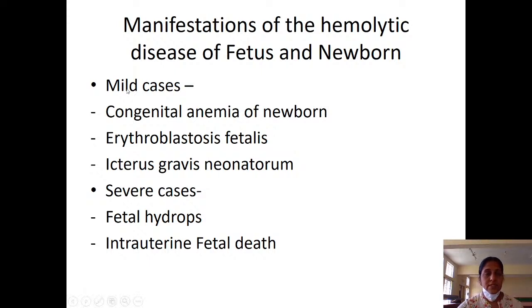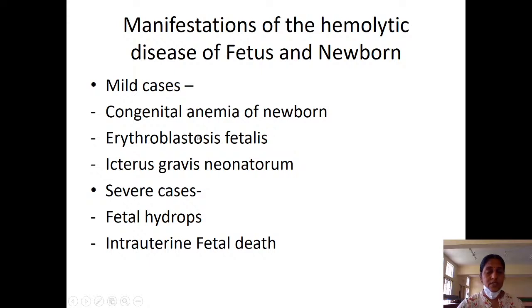In mild cases, it can present with congenital anemia of the newborn, then erythroblastosis fetalis, and icterus gravis. Fetal anemia means the baby has anemia from birth, because there is rapid destruction of the fetal red cells, as there is hemolysis.